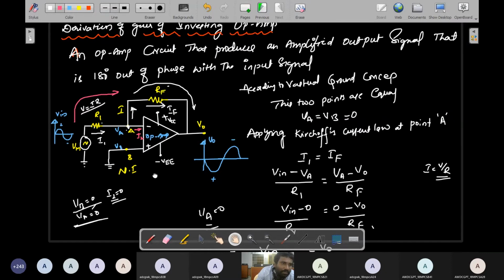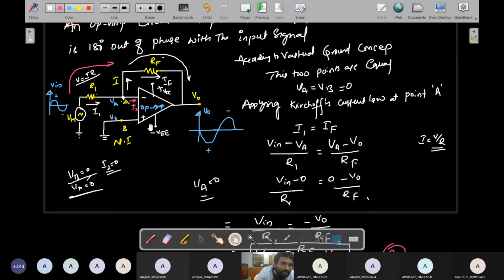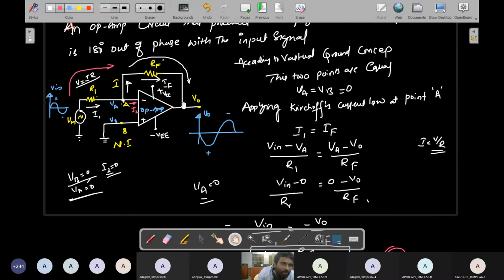So I consider one inverting operational amplifier. I connect the input voltage to the inverting terminal through a resistor R1, and I connect negative feedback, so a small fraction of the output voltage is connected to the input terminal through the resistance RF.